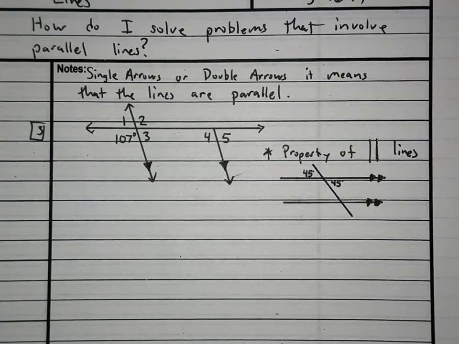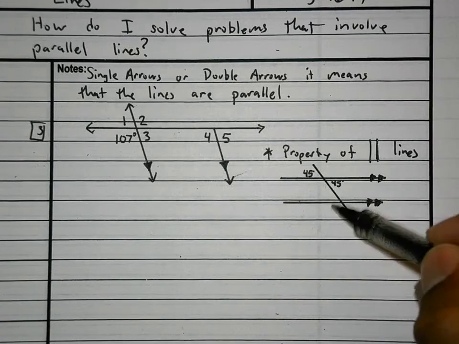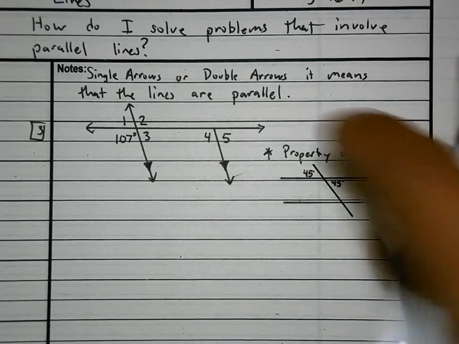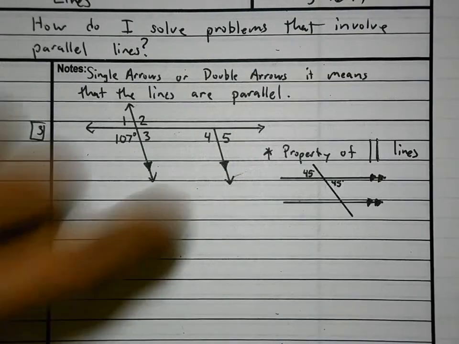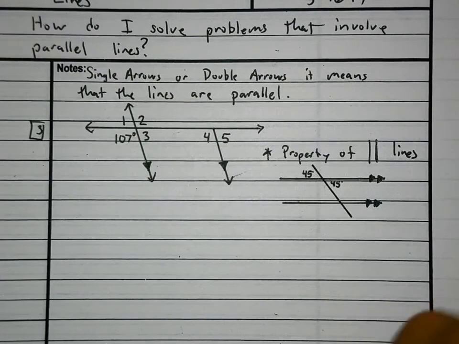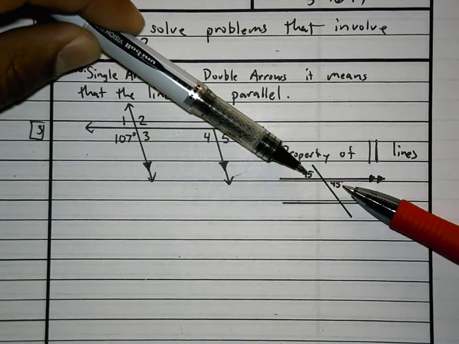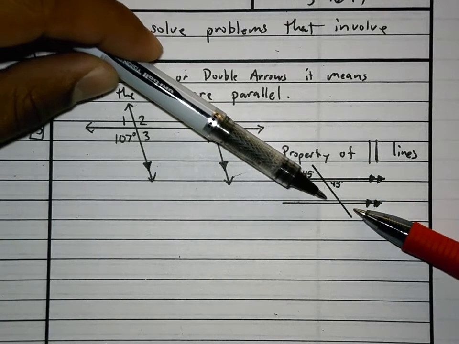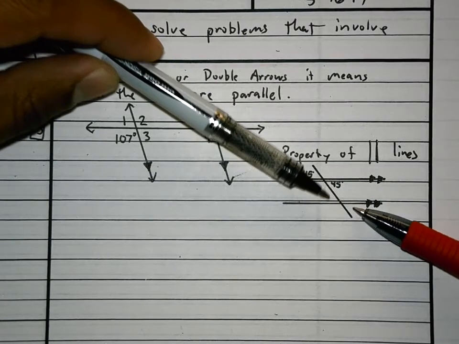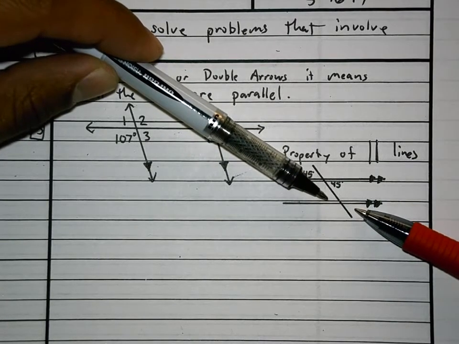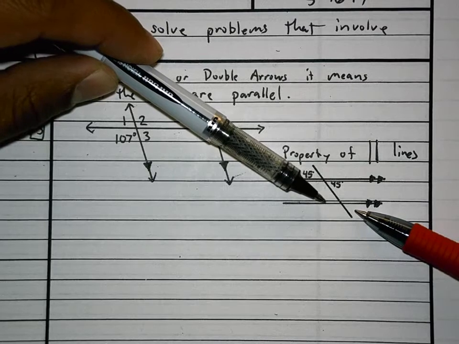Top left, bottom right. If those are 45 and these lines are parallel, then if I were to slide my fingers down, let me point with these two pins, top left, bottom right. If I slide down the transversal, then these two angles also have to be the same.